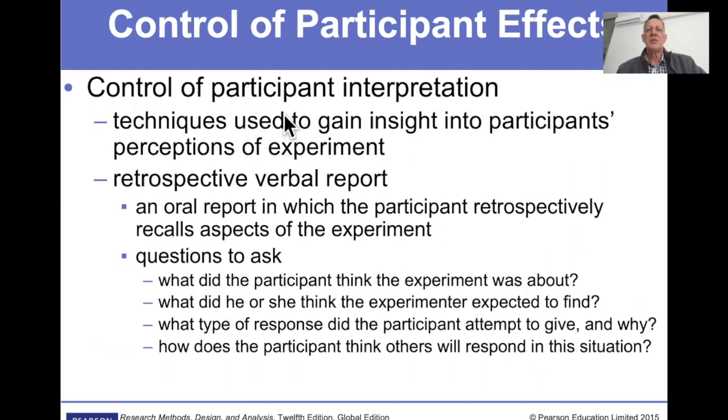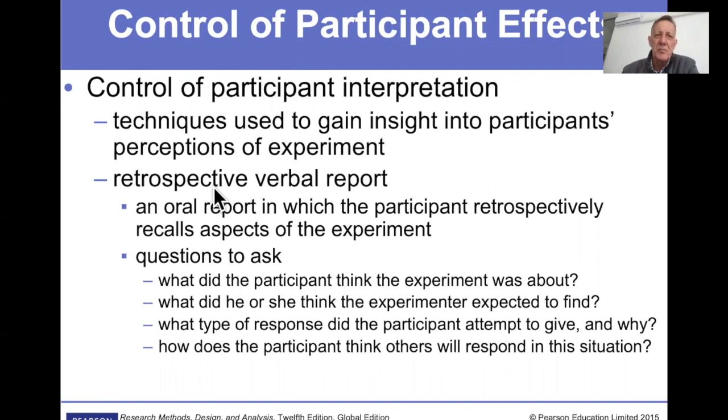How do you control participant interpretation of an experiment? Because how I interpret or think about the experiment, and what I expect, can actually influence my reactions in it. These are techniques used to gain insight into participants' perceptions of an experiment.